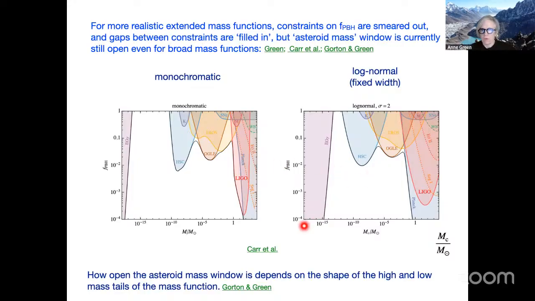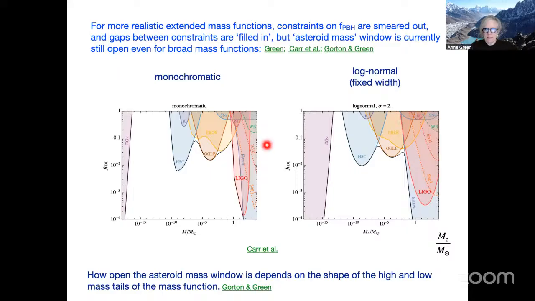On the right, we've got what you get for a log normal mass function, which is a reasonable approximation to what we might expect from the various inflation models, taking into account critical collapse as a function of the central mass. And so if we, for instance, look at this HSC microlensing constraint, you can see the tightest value has got a bit weaker, but the range of masses for which f equals 1 is excluded has got bigger.